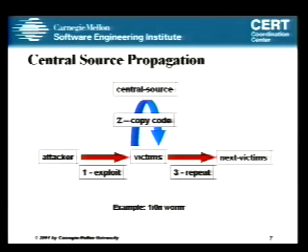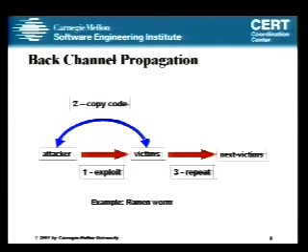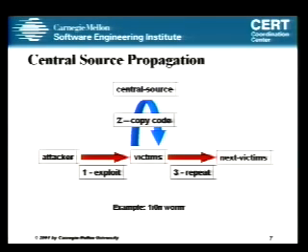The downfall of this model, of course, is once the central source is disabled, the cycle pretty much stops. That's good for us, bad for the intruder tools. I should mention from an attacker standpoint, the advantage of this model is I can change the code at the central source, and my attack tool suddenly is different as it propagates across the network.